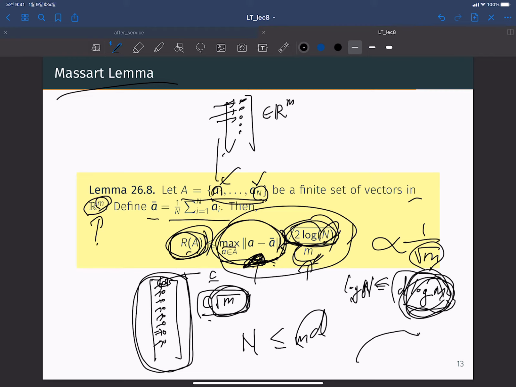So roughly the Rademacher complexity is just proportional to the square root of d log m over square root m. So yeah, when we know the VC dimension, Rademacher complexity is bounded by this factor, and that is reasonably good.